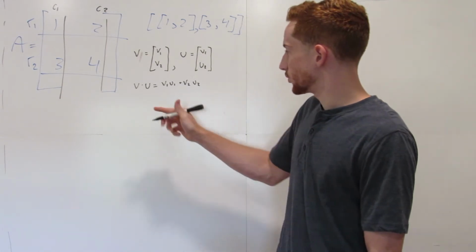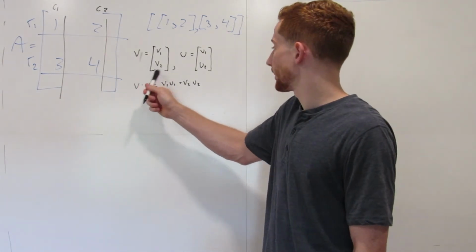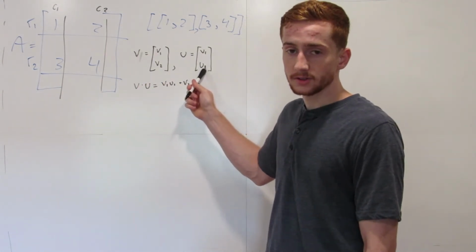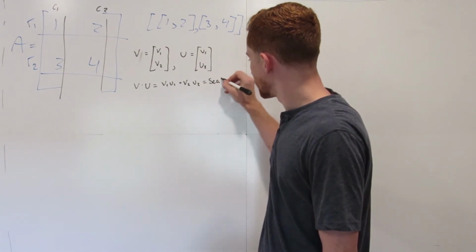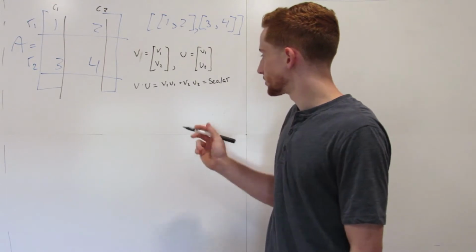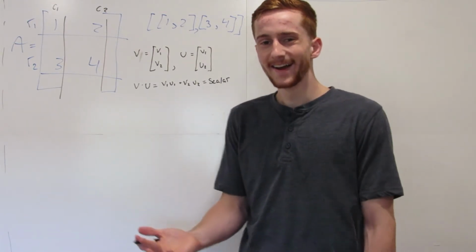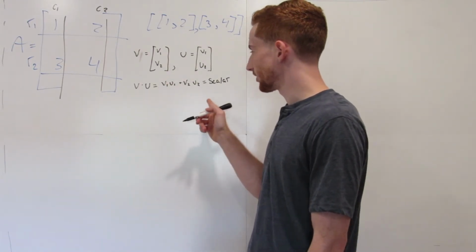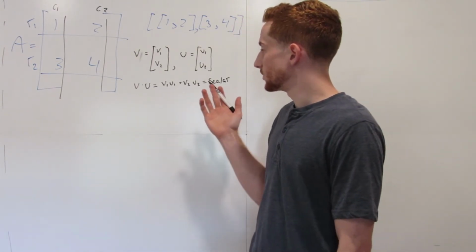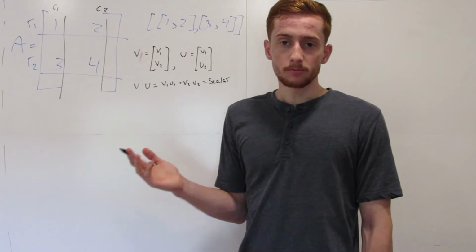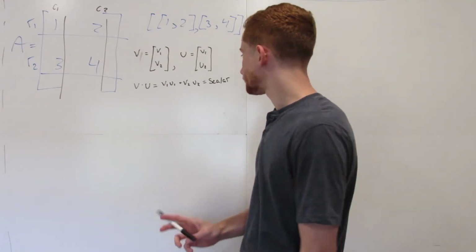And you'll see out of this, what you started with is two vectors, and what you ended up getting out is what's called a scalar. So scalar just means a number. So these are vectors, a scalar is just a number. So using this, we can actually build up what matrix multiplication looks like.